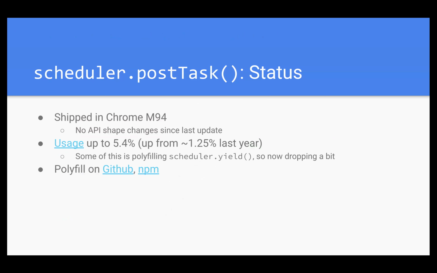Okay, and nothing much has changed since the last time I presented this last year. We shipped this a while ago back in M94, no changes there. Usage has been ticking up, so we were at 1.25% last year, up to 5.4%. Wow. It's a big increase. A lot of it, I think, was lately people using this as a yield polyfill before we had yield, because you can get some of the benefits of it by using user blocking priority.